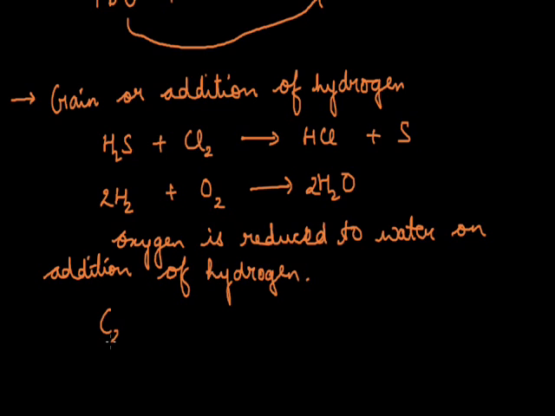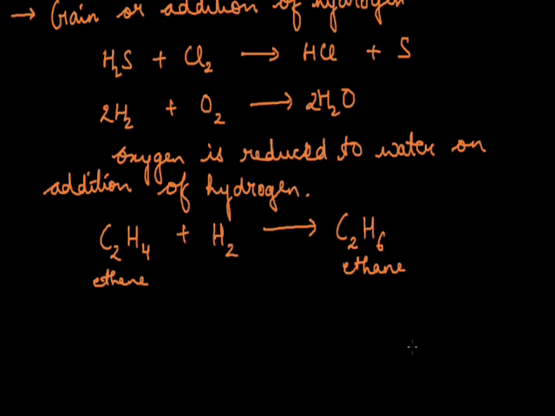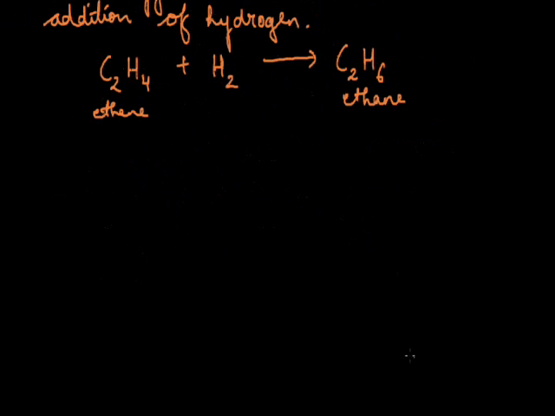Similarly, when ethene, C2H4, is hydrogenated, that is when hydrogen is added to ethene, it will form C2H6. So here we can say that ethene is reduced to ethane. So this is again a reduction reaction in terms of hydrogen.